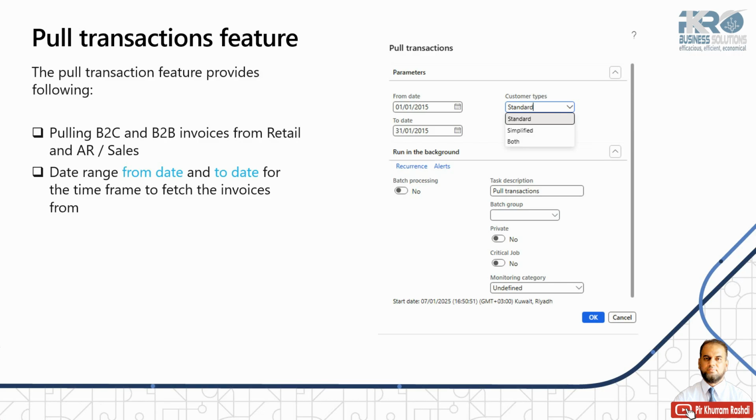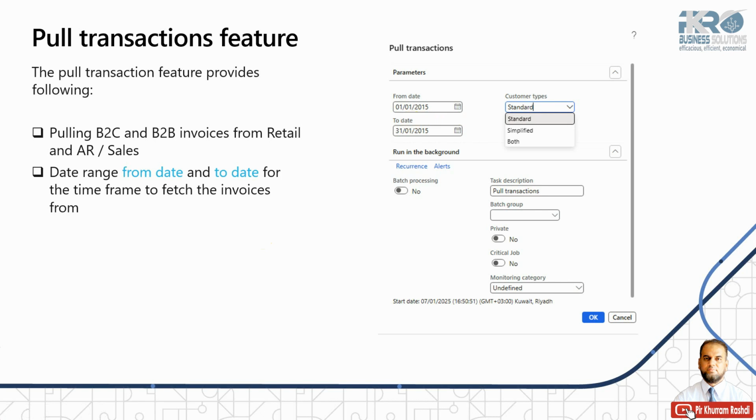And then we have a from and to date, so that if there is a specific date range, the invoices which need to be synchronized can be easily pulled using this date range control. It will ignore the other remaining controls except the enabling or onboarding date, which was shown in the parameter.